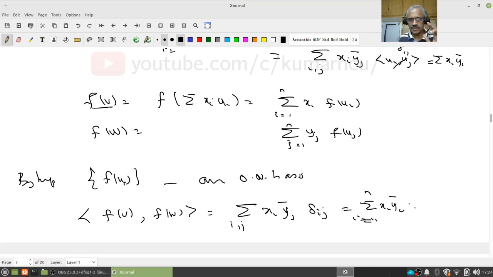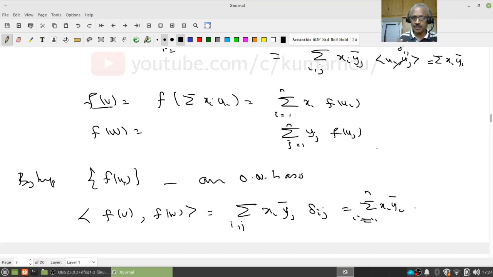Do you understand this? Okay, whatever be the orthonormal basis, if I write a vector as a linear combination, another vector as a linear combination, then the inner product of these two vectors is nothing other than the standard complex inner product on Cn or the dot product on Rn.